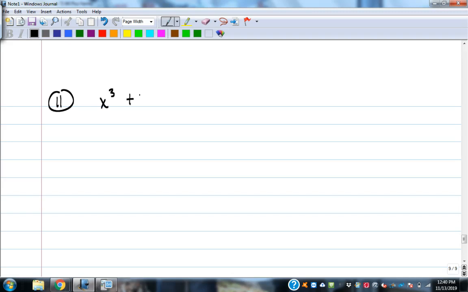x cubed plus 2x squared plus 3x plus 5 equals negative parentheses 2x plus 5.